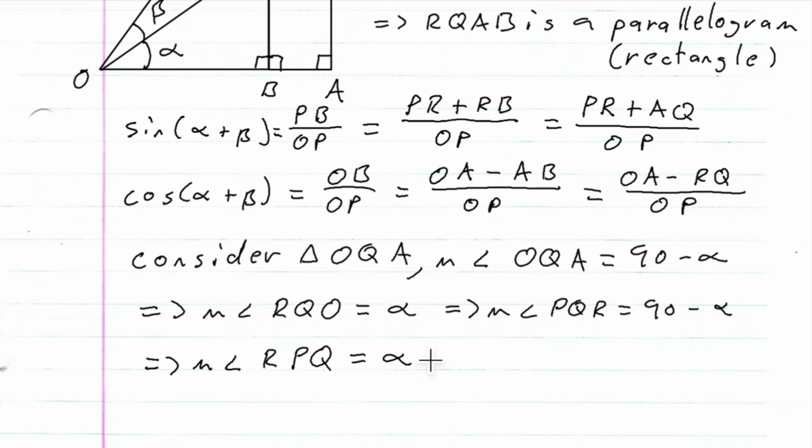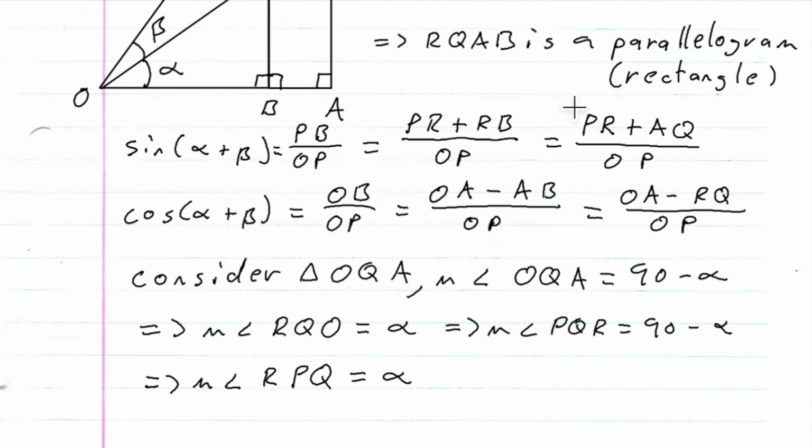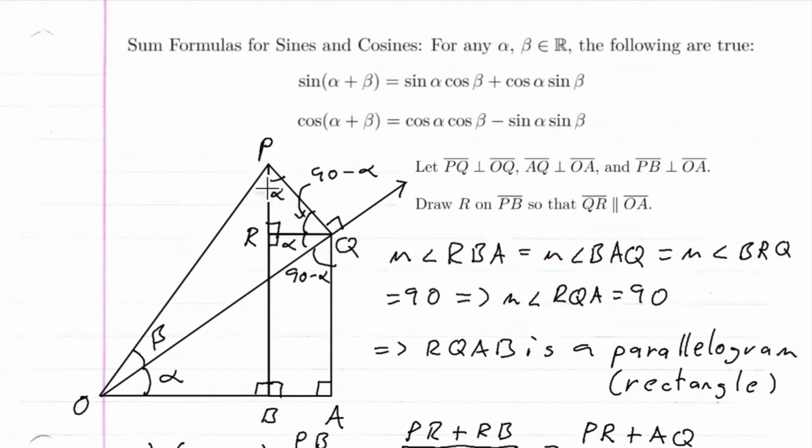So now I'm going to try to find this PR. I can work with triangle PRQ. I know cosine of alpha would be PR over PQ.